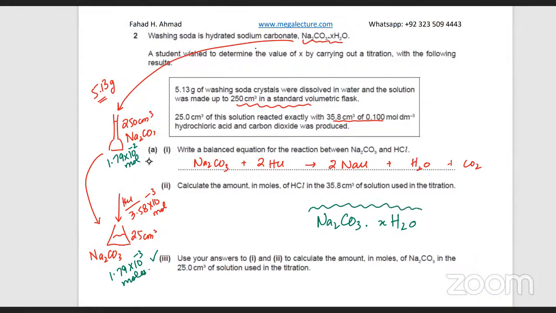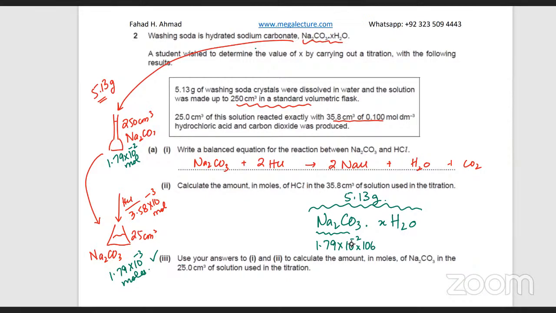The entire mass of the whole crystal is 5.13 grams. The moles of Na2CO3 that we found was 1.79 times 10 to the power minus 2. So find the mass of this part. How much, multiplied by the MR? What will the MR be? 106. 16 into 3, 48 plus 12, that's 60. 60 plus 2 times 23, so that's 106.